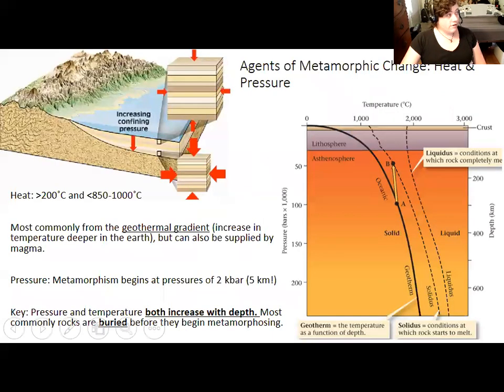The pressure increases as you go inside Earth's surface because you have the weight of the overlying rocks and sediments, and it also gets hotter as you go inside the Earth because you're getting closer to the core. Now, heat that can cause metamorphism can also be supplied by a lava flow or a flow of hydrothermal fluid coming from a volcanic eruption.